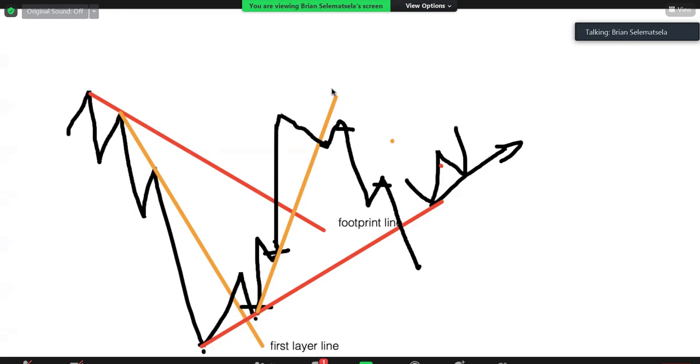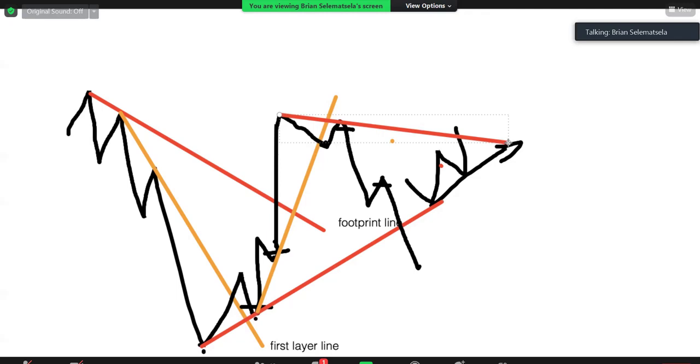And then don't make the mistake of not being able to draw your footprint and first layer on time while you're on a trade, because you need to know when you should actually pull out. And that can be determined by the breaking of the first layer.